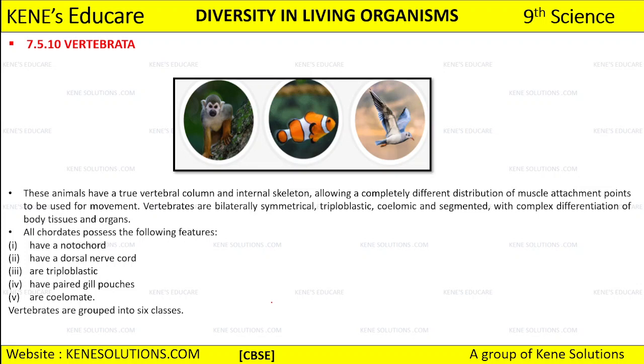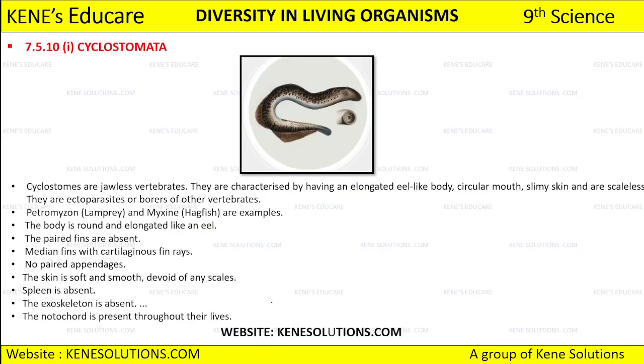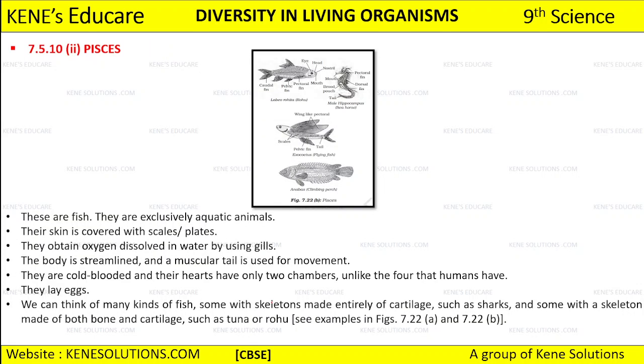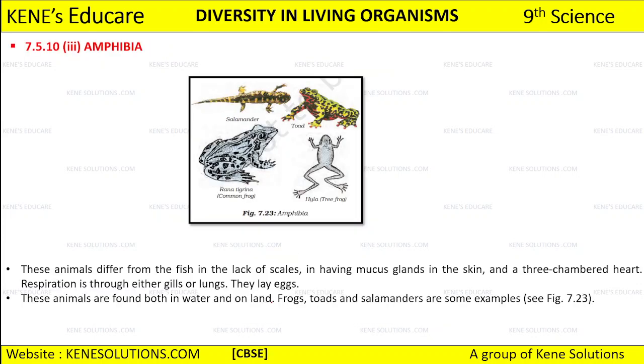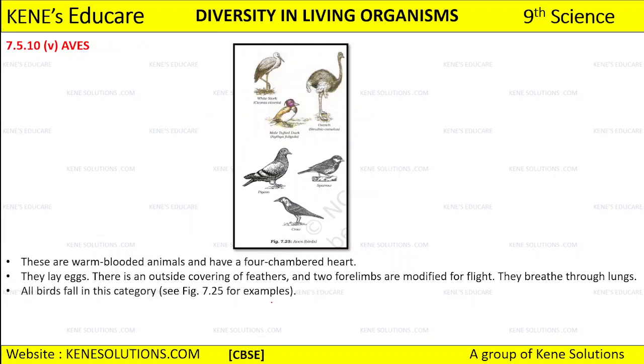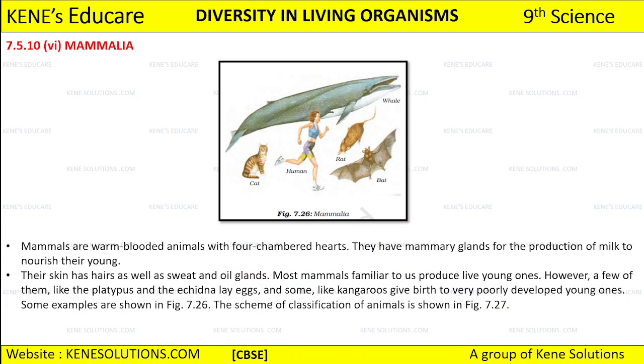Phylum Vertebrata has 6 classes to discuss, because it is further divided into 6 groups: Cyclostomata, Pisces, Amphibia, Reptilia, Aves, and Mammalia. These are the 6 different groups that come under phylum Vertebrata of kingdom Animalia.